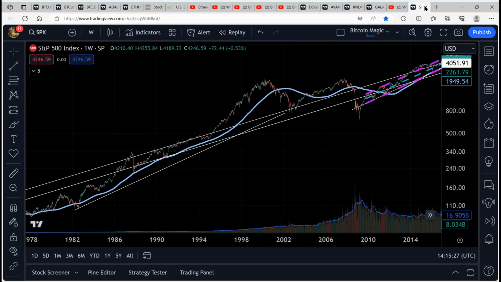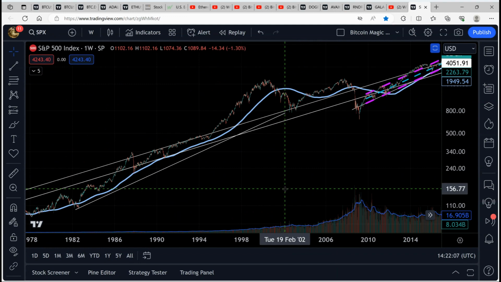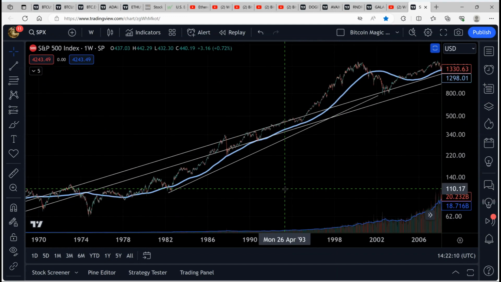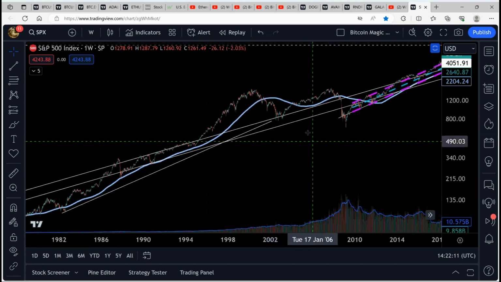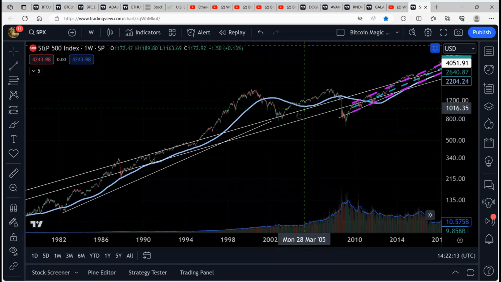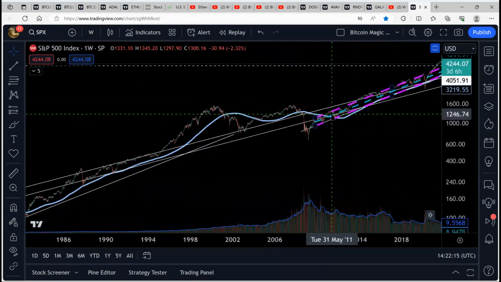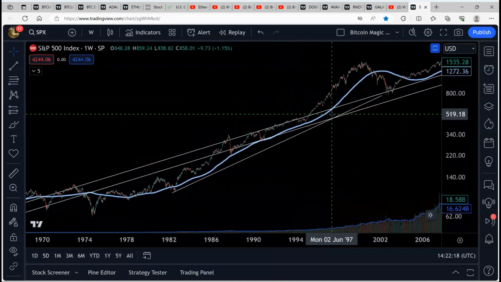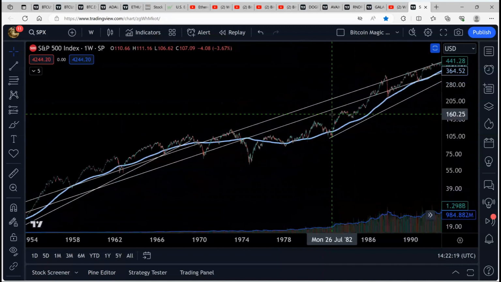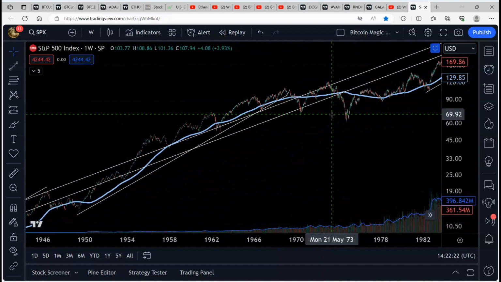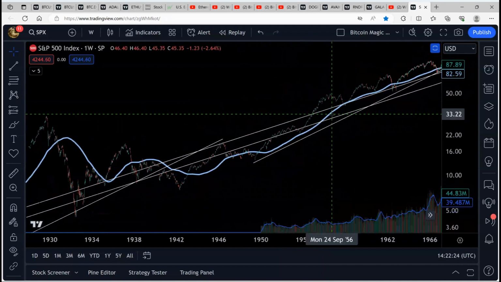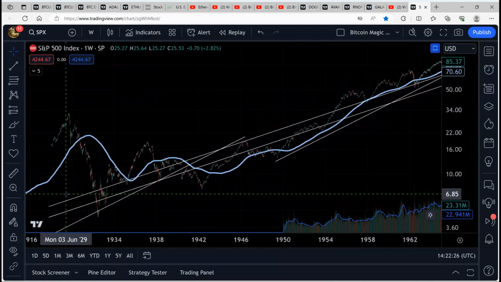Like, here's the S&P here. The S&P has been trading about this parallel channel for 100 years. This goes all the way back to the 1930s.